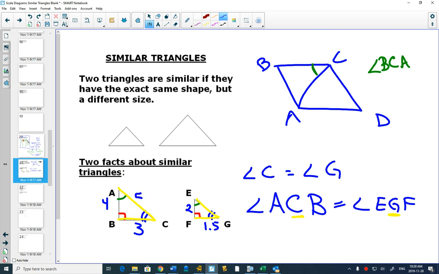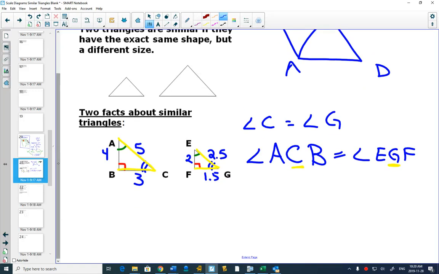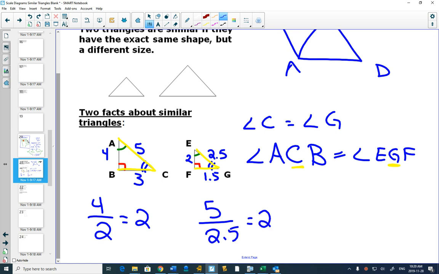And if this side is 5, this side would be cut in half, 2.5. The ratios: if I take AB and divide it by EF, 4 over 2, I get 2. If I take the hypotenuses and divide them, 5 divided by 2.5, I get 2. And the bottom sides, 3 divided by 1.5, I get 2.